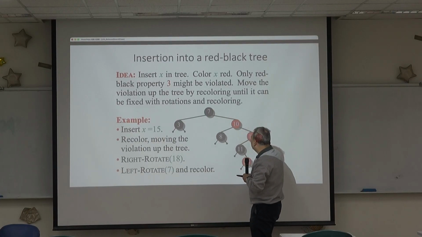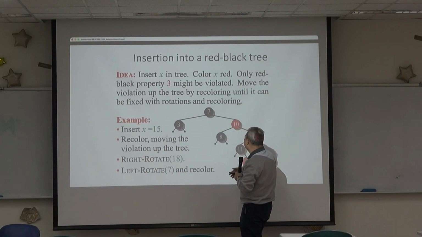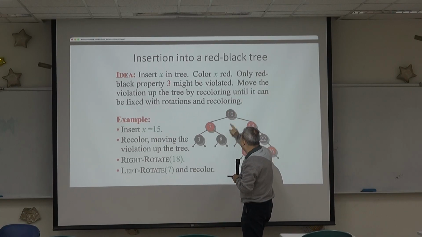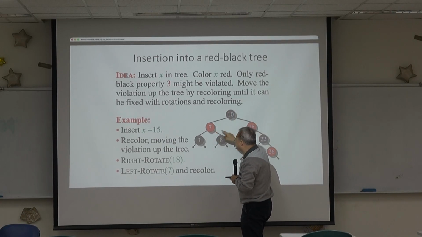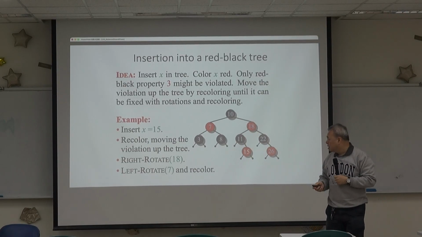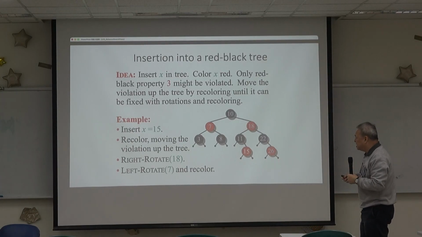When you promote 10 to here, with 7 and 18, you recolor 10 to be black and 7 to be red, and then everything is cool. Okay, so let me repeat.